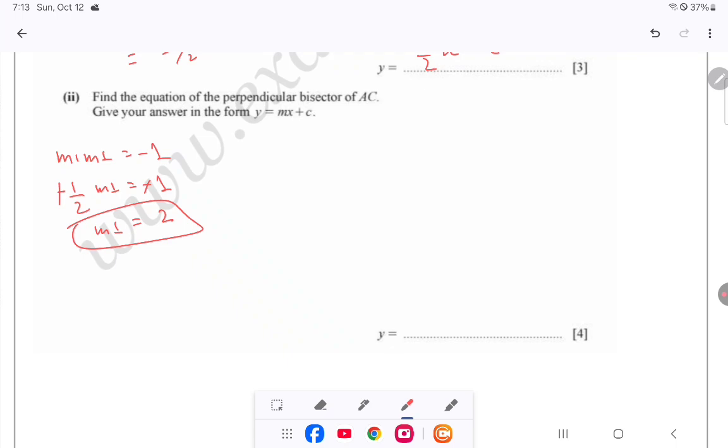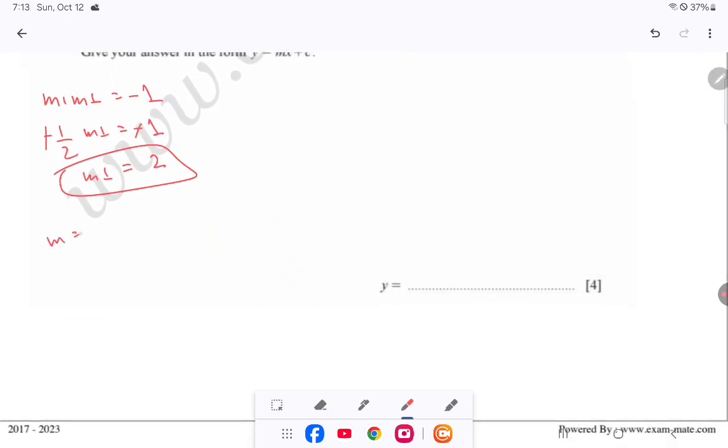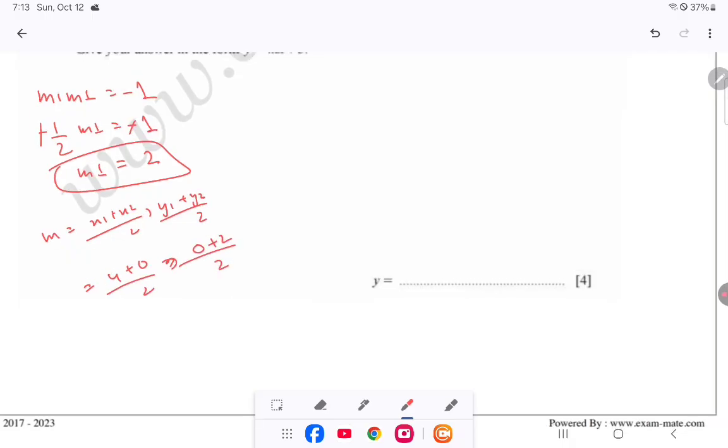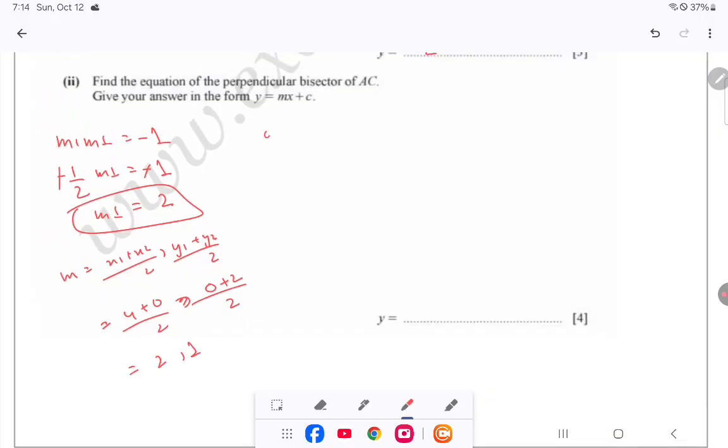For the midpoint, we know the formula: x1 plus x2 over 2, y1 plus y2 over 2. Put the values from the given question. We get (2, 1). Put the point in the equation y equals mx plus c.